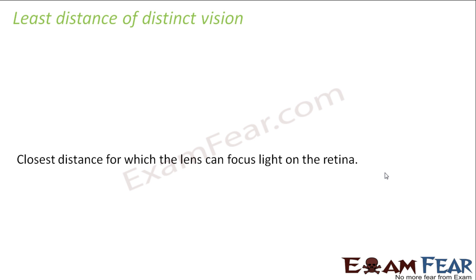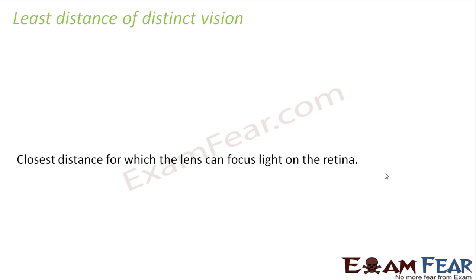Because I told you how the image is formed on retina, when the object is at infinity, the focal length is maximum. Now as the object is brought nearer, the focal length keeps decreasing, right? So every time it decreases in such a way that the image is formed on retina.